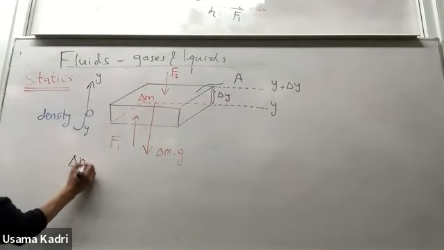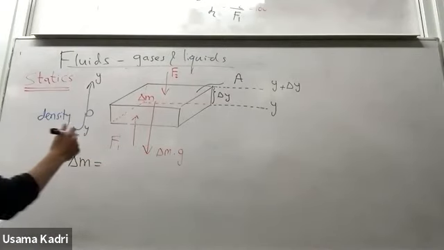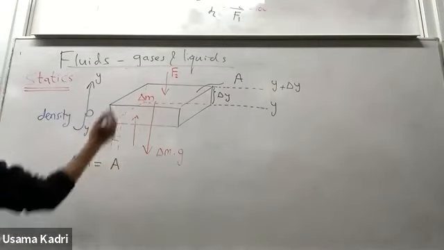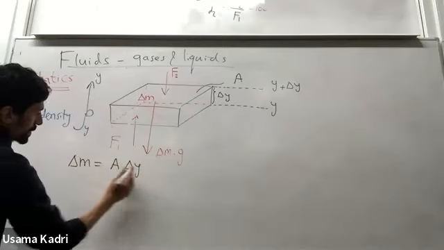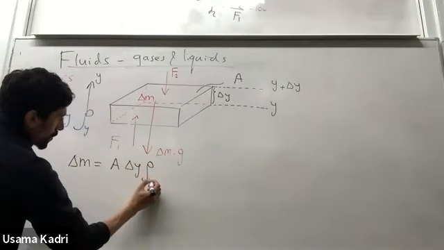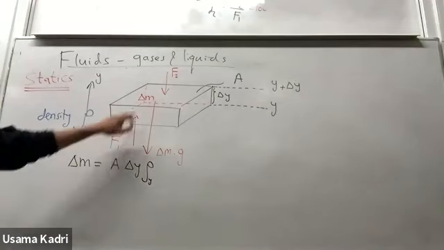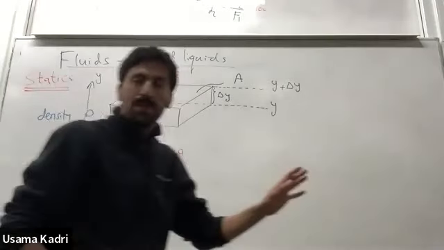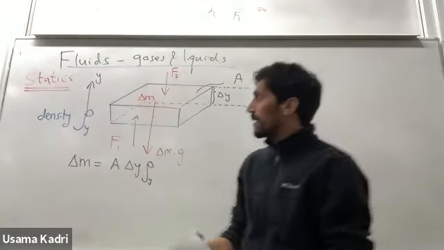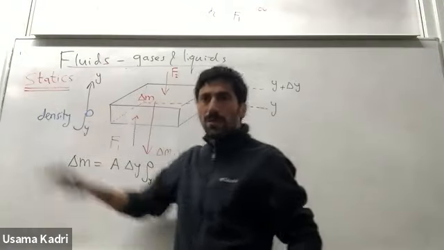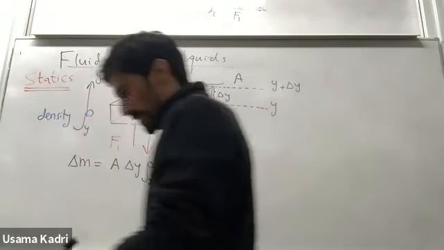So delta m is equal to A times delta y, the volume, times rho of y, that gives the mass. And as we said, the forces, they're always perpendicular, right? Why? Because we are dealing with fluid statics.